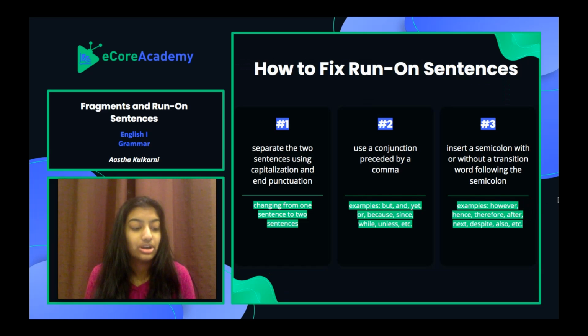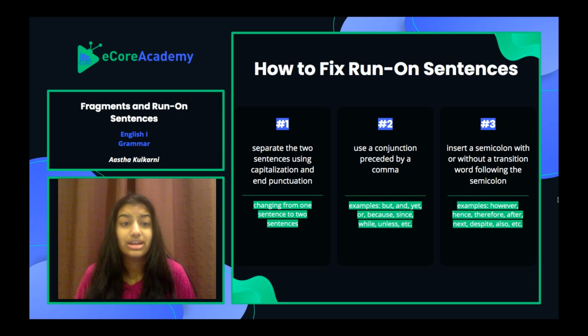So let's go over some of these quick solutions that we can do to fix run-on sentences. Again, we have three solutions. The first one, as was for the fragments, is probably the most common and easy quick fix for fixing run-ons. It says to separate two sentences using capitalization and end punctuation.